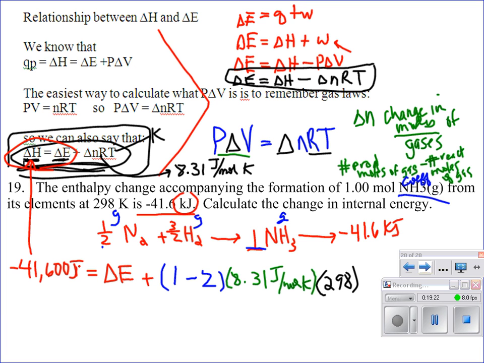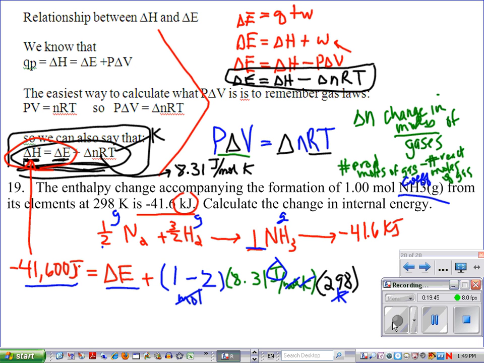So let's go ahead and check our units. This is moles, so our moles cancel here. This is Kelvin, right? Our Kelvin cancel, leaving us with joules. Yay! And joules add to joules. So let's go ahead and solve.